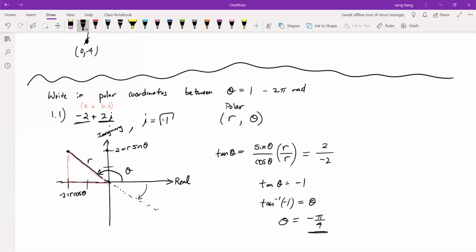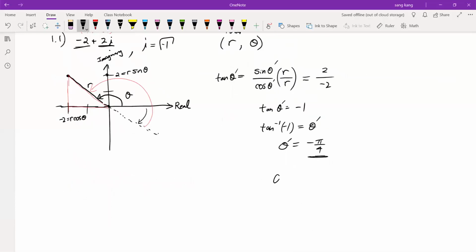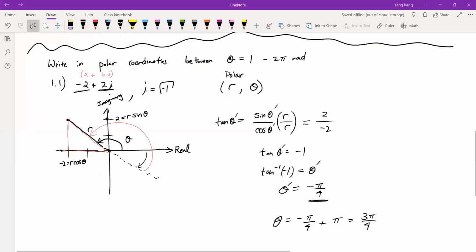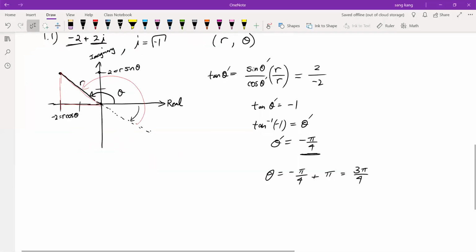So instead of calling this theta, we'll have to call this theta prime now, right? And then we'll have to add pi units to it to get it to where we want it, right? So our theta should be -pi/4 + pi. So this gives us 3pi/4, right? And so that gives us our theta.